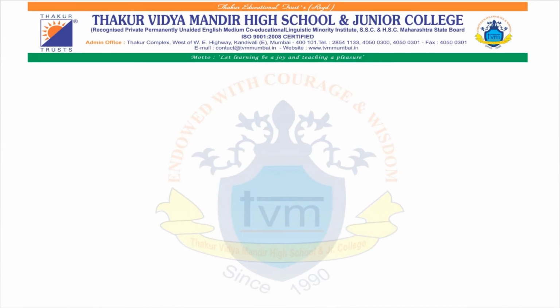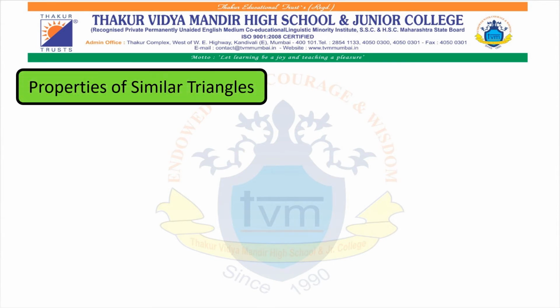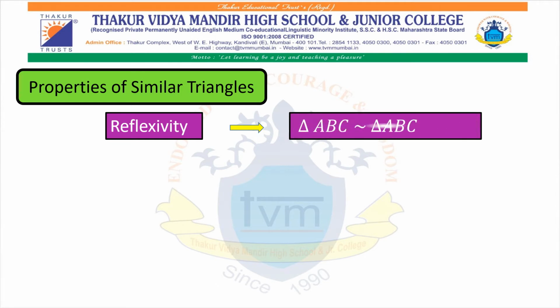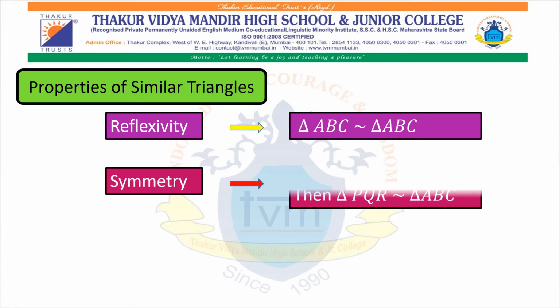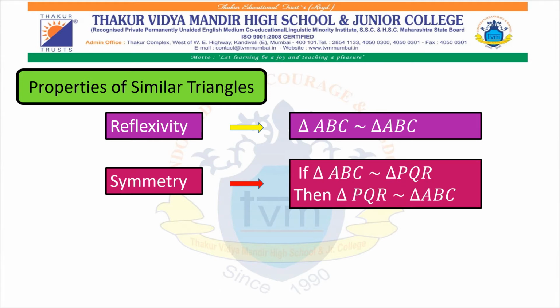Next, we have properties of similar triangles. There are three properties of similar triangles. The first is reflexivity. Every triangle is similar to itself. That is, triangle ABC is similar to triangle ABC. Second is symmetry: if triangle ABC is similar to triangle PQR, then triangle PQR is similar to triangle ABC.